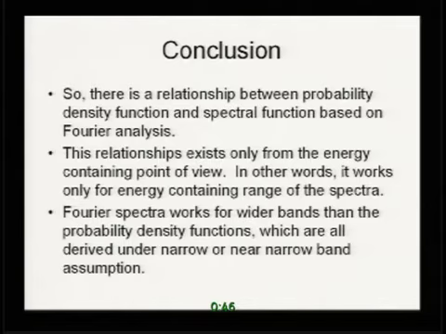And this relationship exists only for energy-containing waves, only for large waves. If you start talking about the small waves, it will not work. The Fourier spectrum works for much wider bands than the probability density function, which is all derived under narrow band or near narrow band.